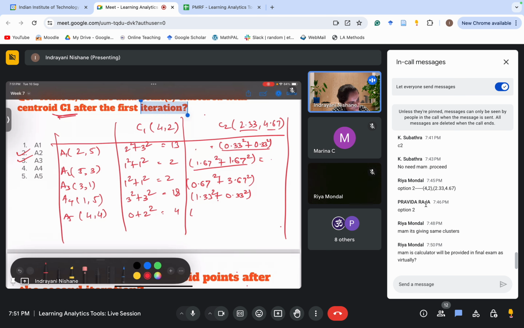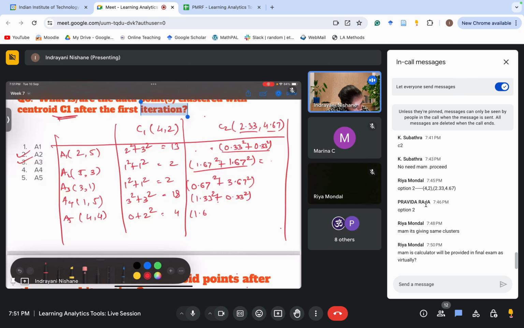4 is, 2.33 is 1.67 square plus 0.67 square. I think a simple calculator is allowed in exam time for our benefit.